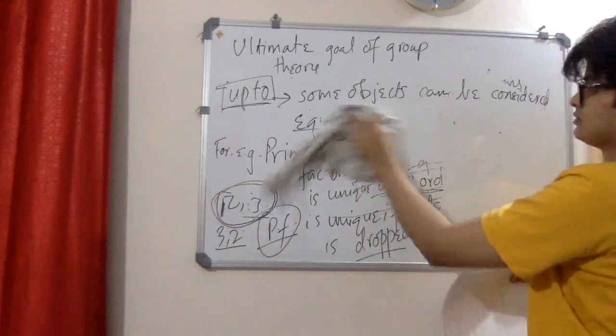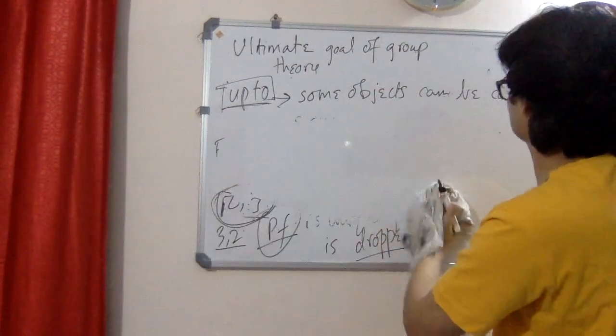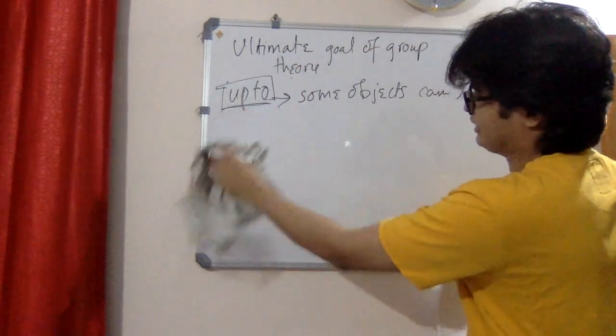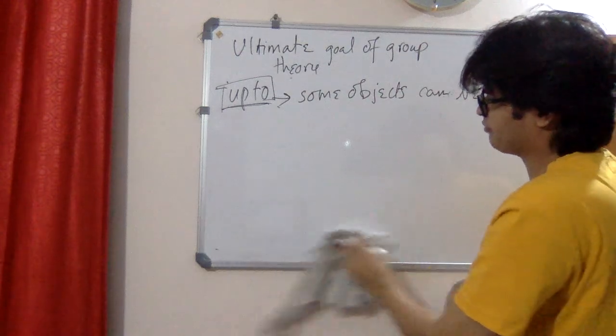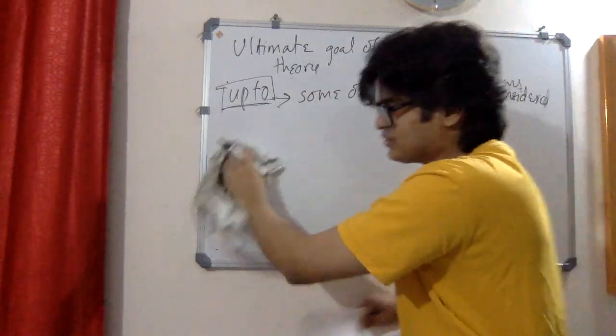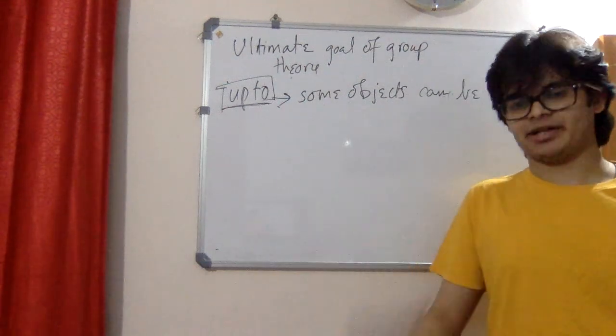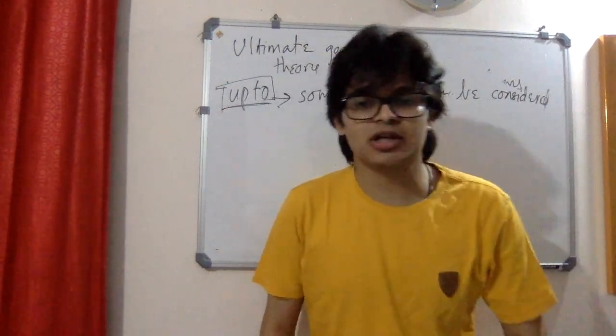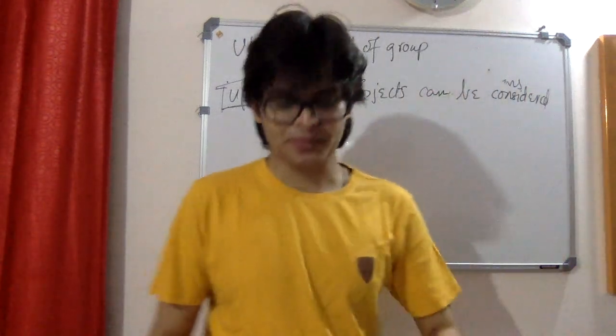Now, in this prime factorization example, no element was equivalent to some other element. That means one prime factorization was not equal to any other prime factorization.